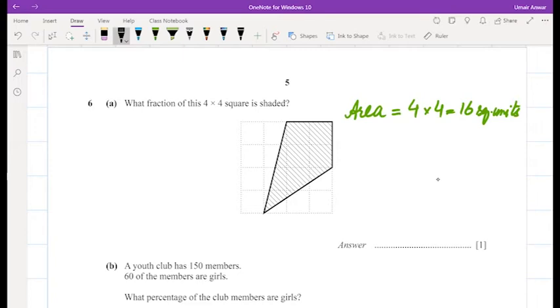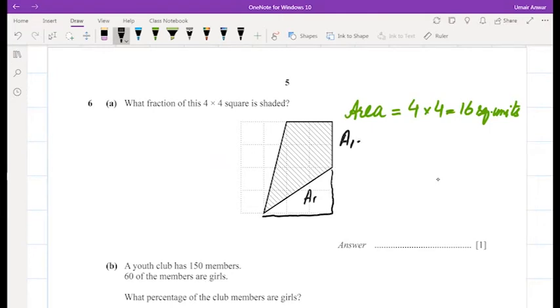So I'm trying to find out the area which is not shaded, and it consists of this triangle, which I can name as area 1.